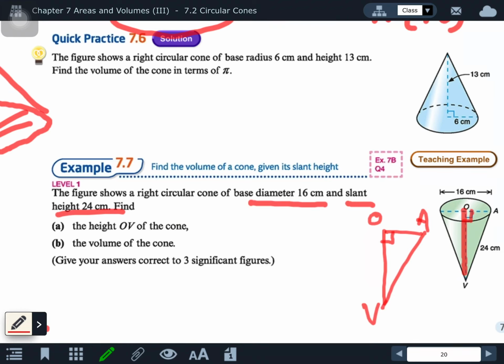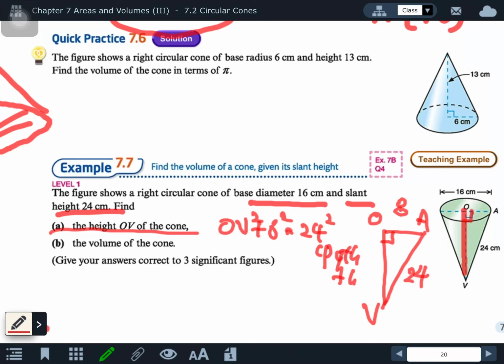So 24 for VA, and because the whole diameter is 16, OA is just the radius, so we divide by 2, and this should be 8 for OA. Now if we want to find the height, we have OV square plus x square equals 24 square, which is the Pythagoras theorem.